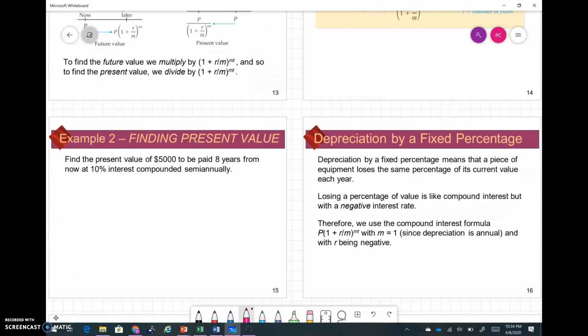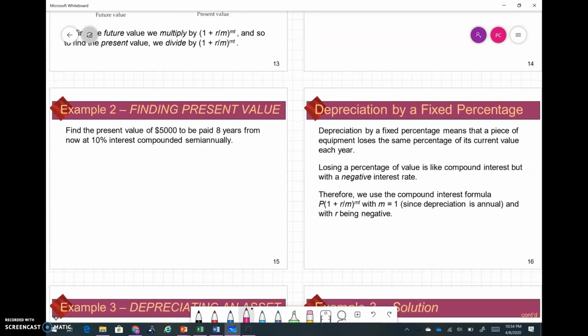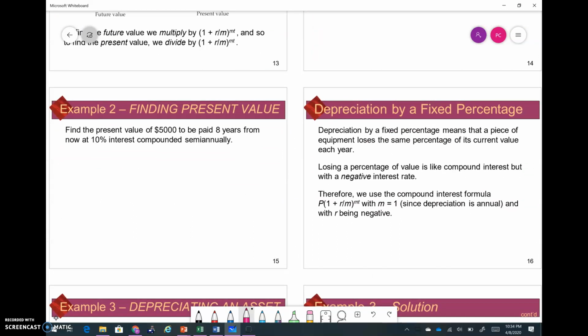So looking at that formula, say we want to find the present value of $5,000 to be paid 8 years from now at 10% interest compounded semi-annually. That 5,000 is the P value we've got. The 8 years is our t. 10% interest is r equal to 0.10.